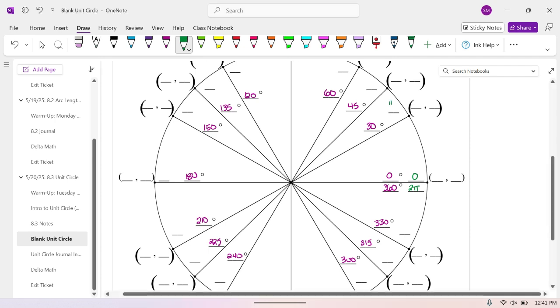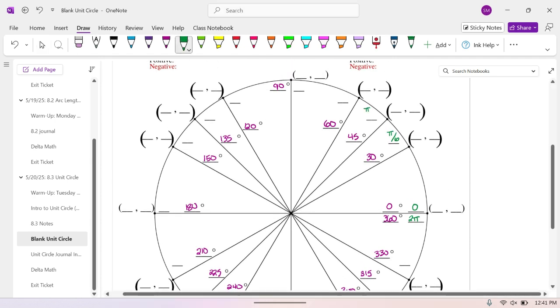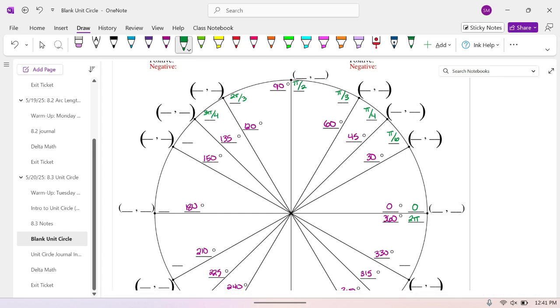So this would be pi over 6, pi over 4, pi over 3, pi over 2, 2 pi over 3, 3 pi over 4, 5 pi over 6, and then pi.